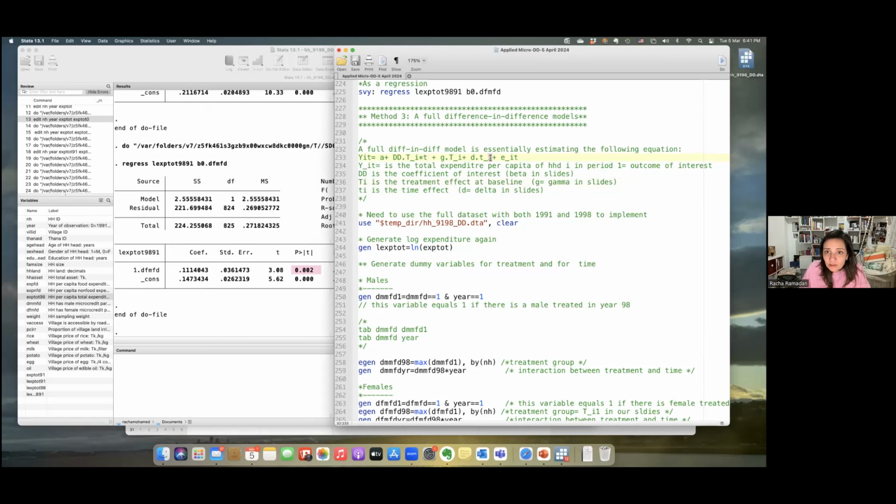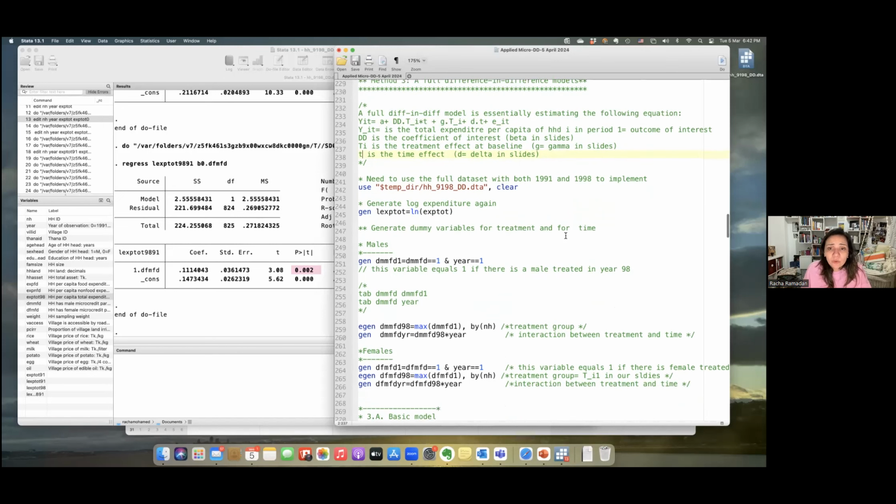It will not change with the individuals, so I will remove the i. The time dummy is 0 if we are in the year 91, 1 if we are in the year 98, and it corresponds to delta in the slides.